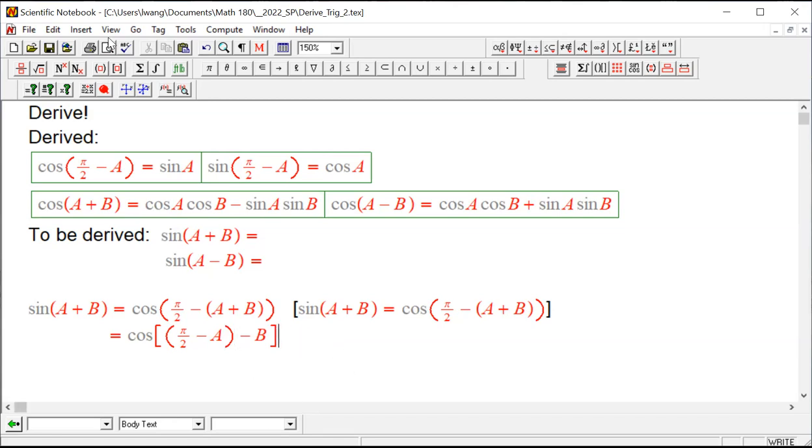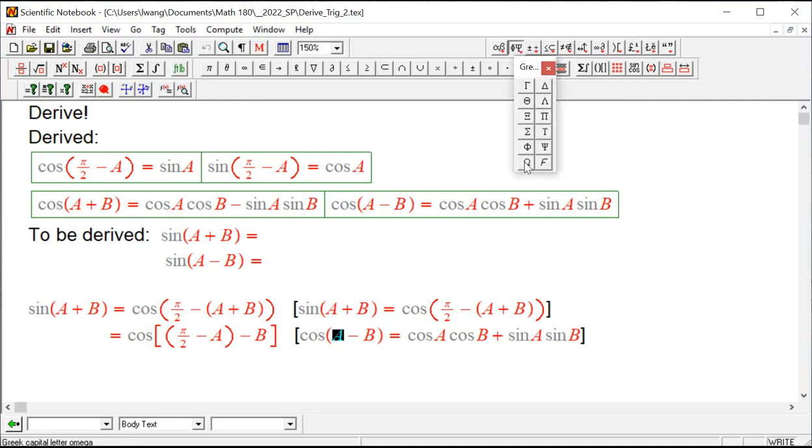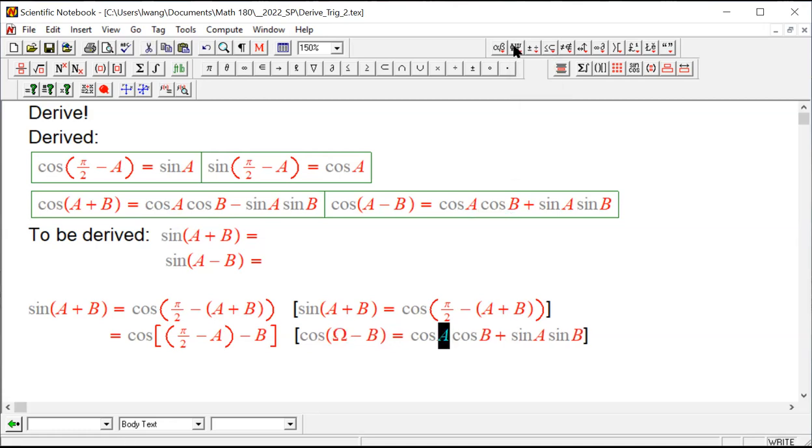Then we can apply cosine a minus b, where this is our a and that is our b. To avoid confusion, we replace a by omega.